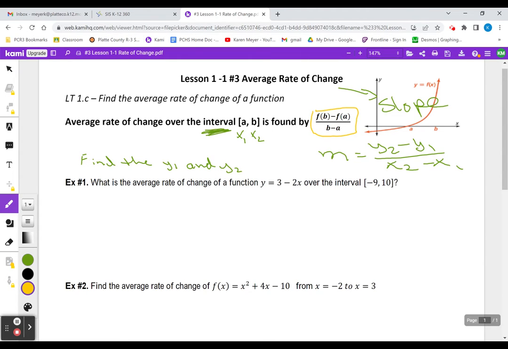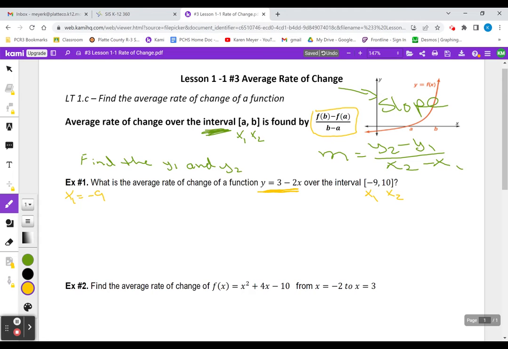So if we look at our first example, you will notice that I give you the line right here, y equals 3 minus 2x over the interval negative 9, comma 10. Since it's an interval, then that means these are my two x numbers. So right now I know x1 is negative 9.